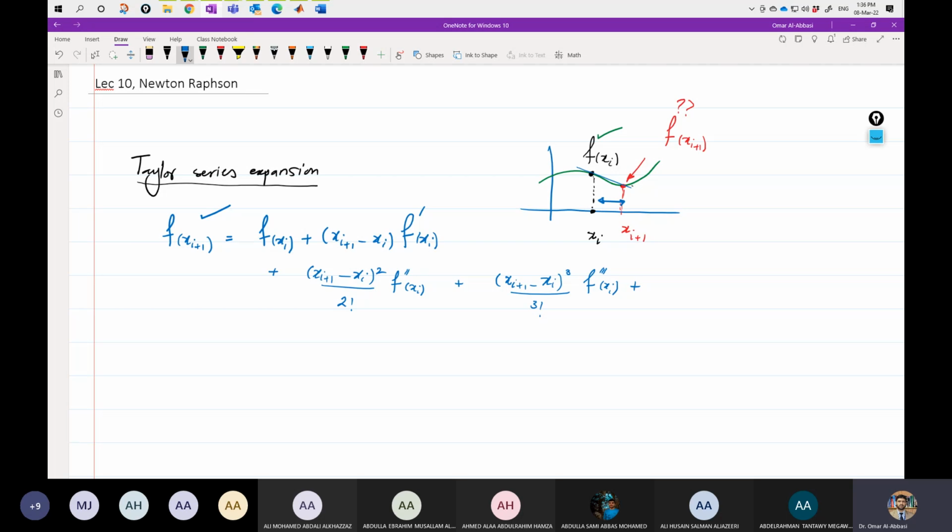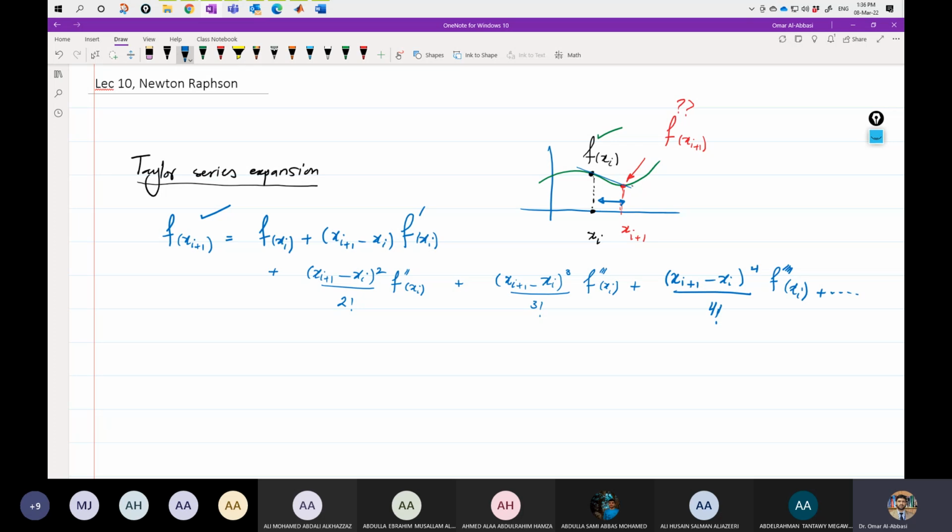Plus what? What shall I write next? Plus the same distance, xi plus 1 minus xi, to the power 4 over 4 factorial, f 4 at xi, plus, and guys, this continues, isn't it?